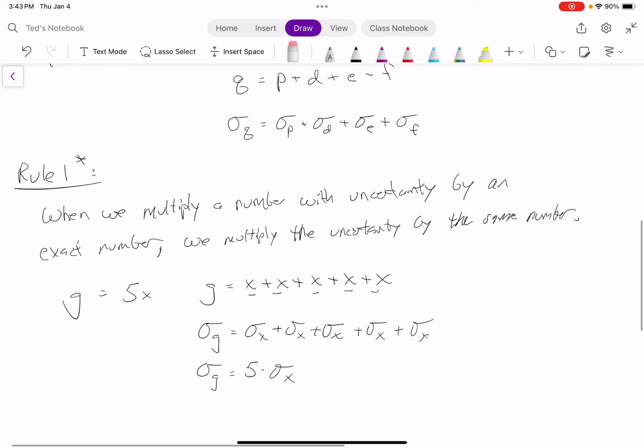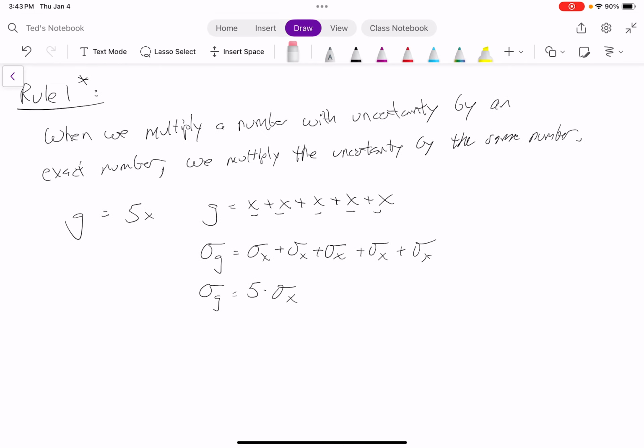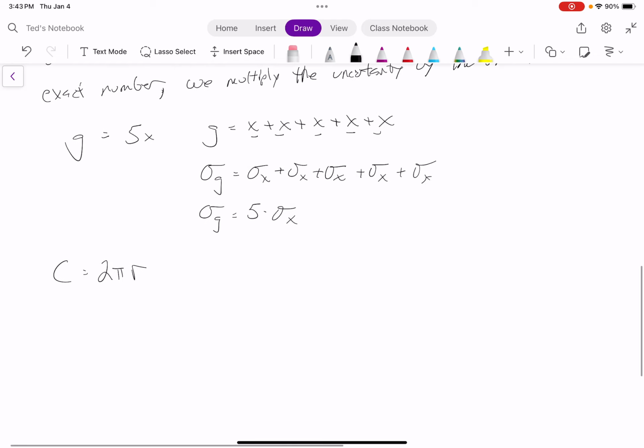Another quick example of Rule 1 star is that if the circumference of a circle is equal to 2 pi r, so 2 is an exact number, pi is an exact number, but r could have some uncertainty to it.